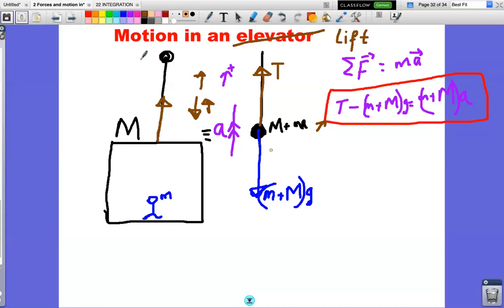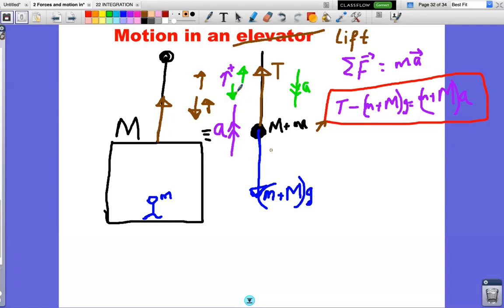Now, let's take the case in which maybe the lift is moving upwards and is slowing down. If it is slowing down, then your acceleration is downwards, right? Or it is moving down and is speeding up. It takes you from the 25th floor and starts to go down.